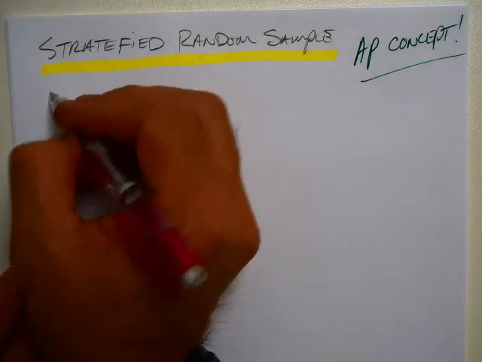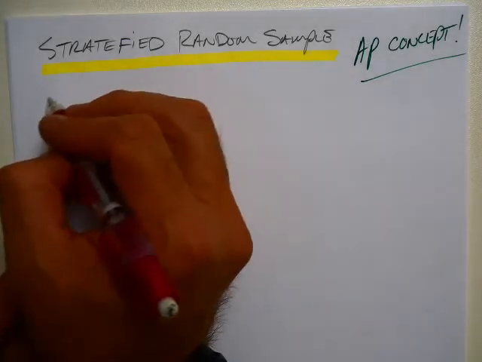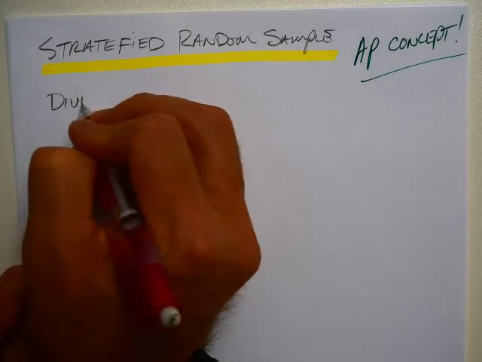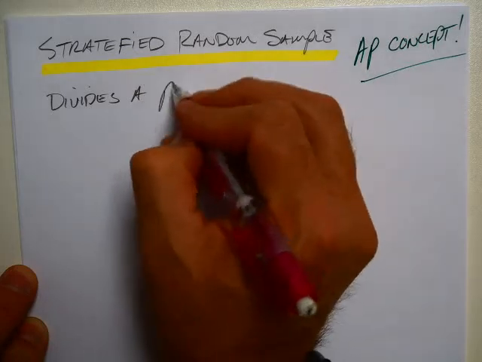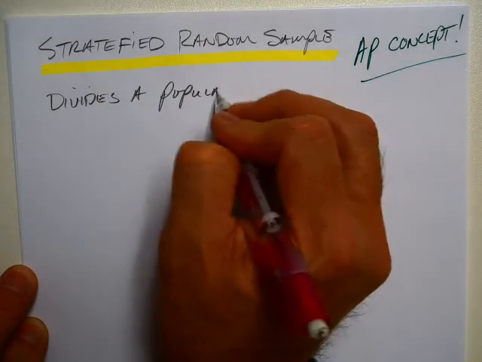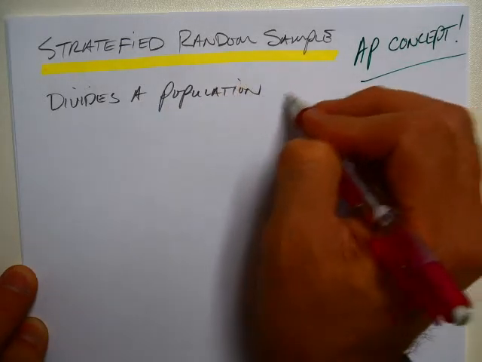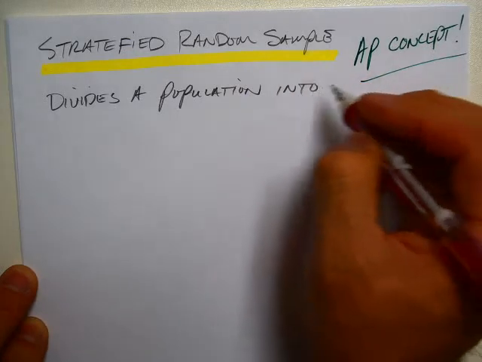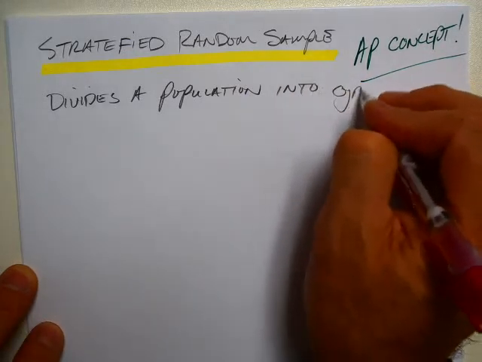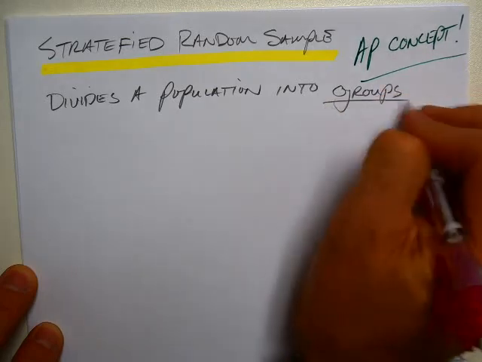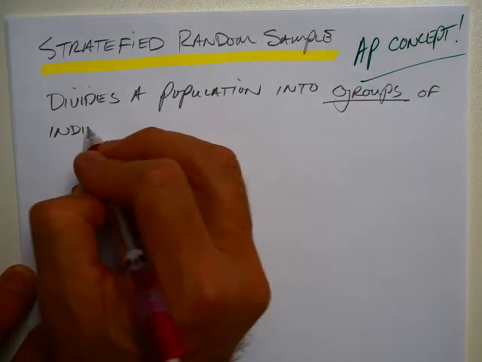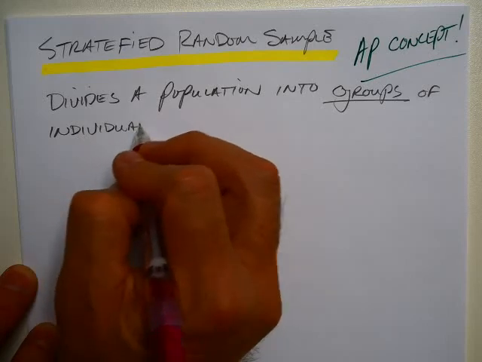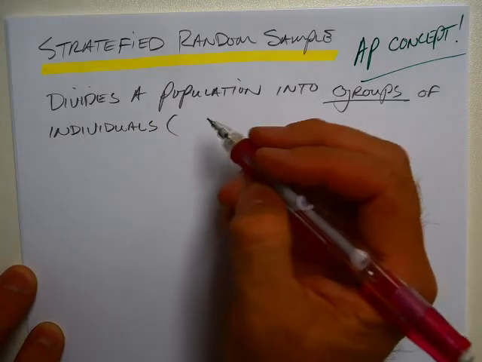And what it does is it divides a population into groups of individuals. This is what we call strata.